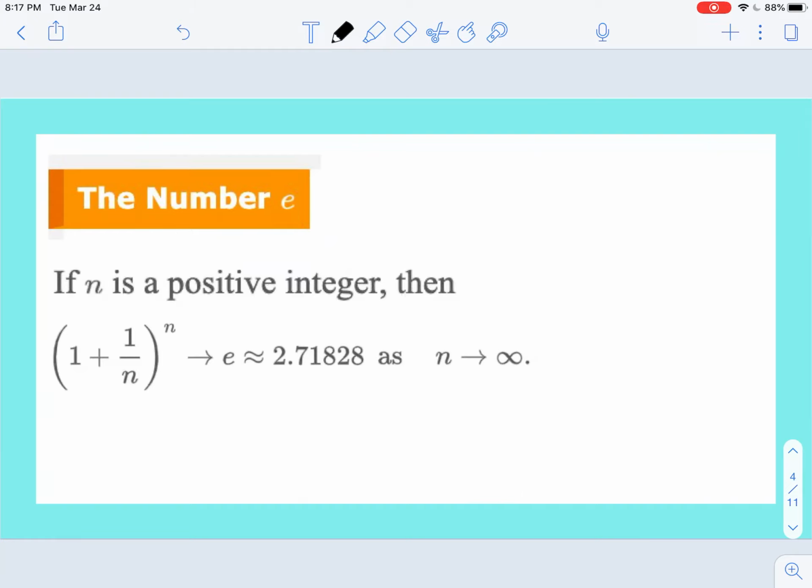If n is a positive integer, so n has to be a number like 1, 2, 3, etc., and we use the formula 1 plus 1 over n to the power of n, as n gets close to infinity, meaning I put a really big number in for n, the value is going to approximate 2.71828, and that is our number e.